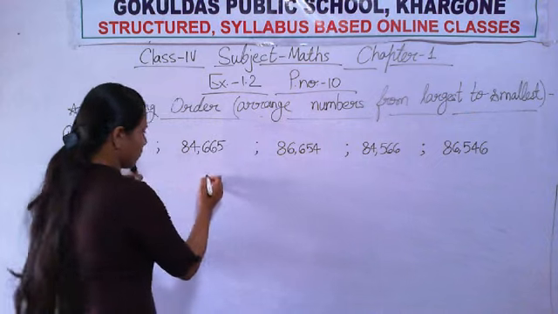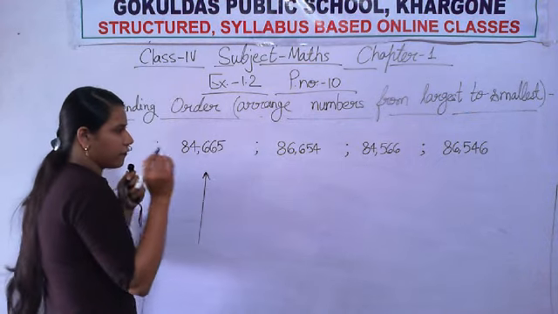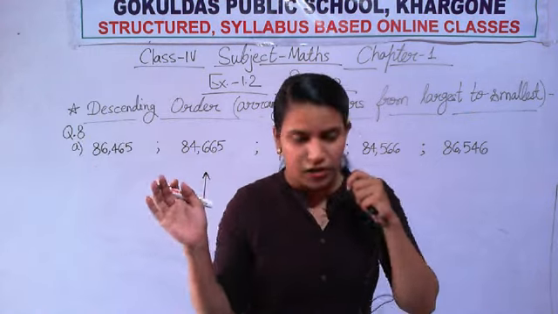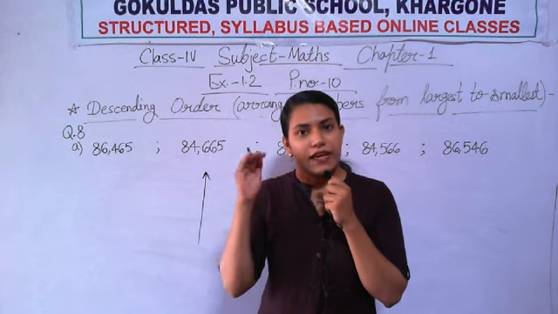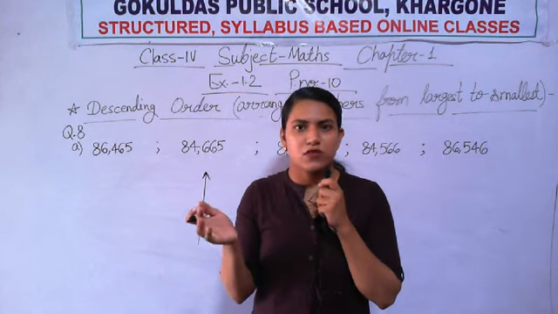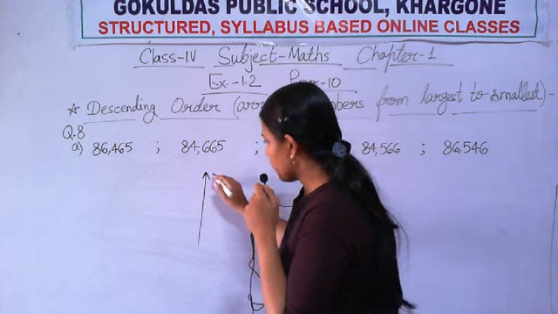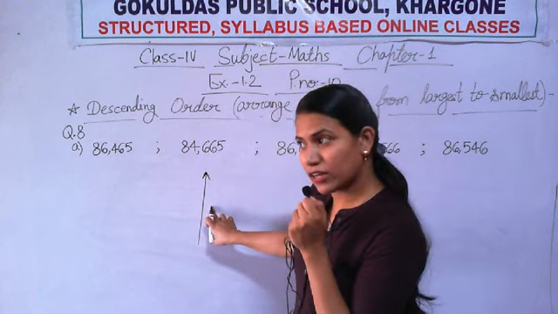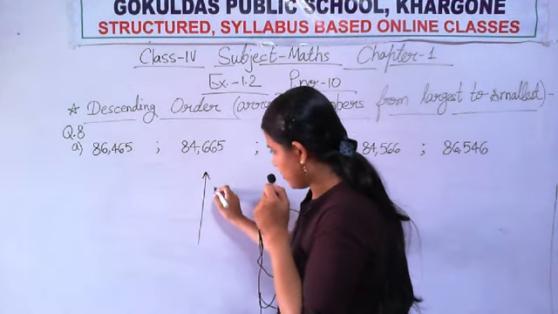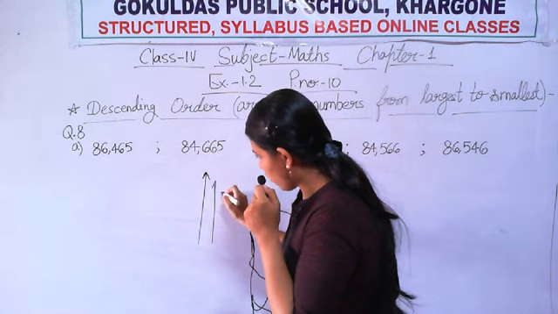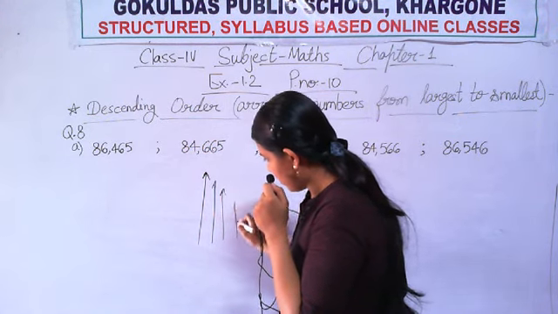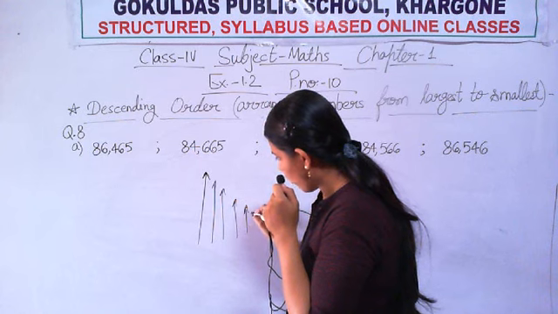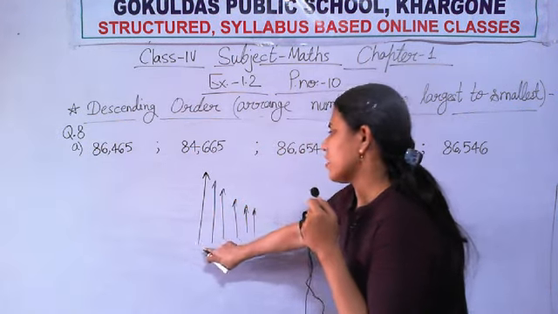Means the tallest boy. If you arrange your class students in descending order, how will all the students stand in a row? The tallest boy or girl will stand first, then a little bit shorter, then a little bit shorter. So this is how you will arrange yourself, right?